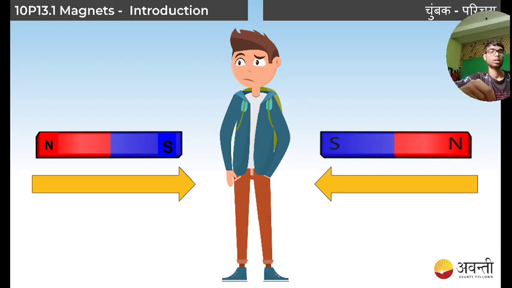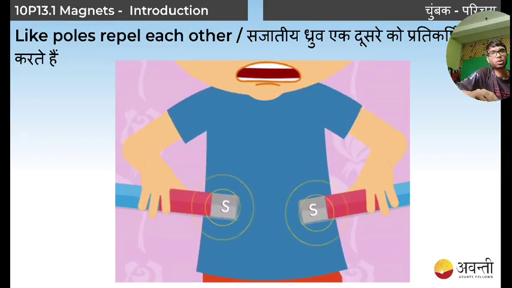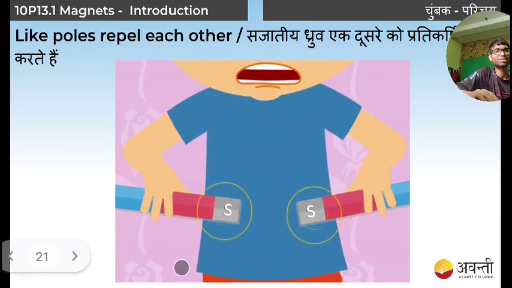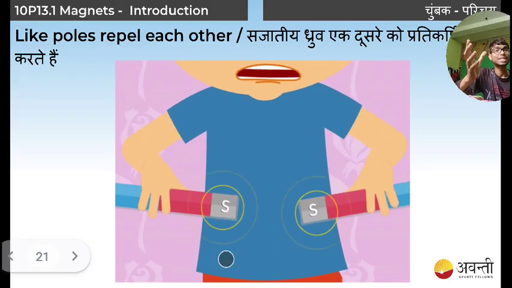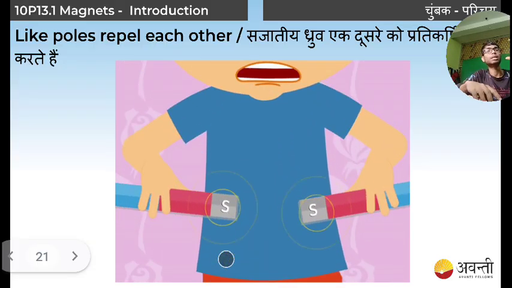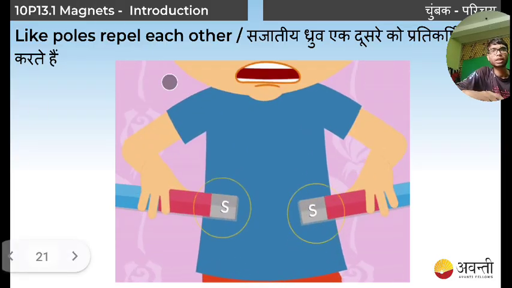As we are familiar with science, if the poles are different, then both will attract each other. But if both are the same, then both will repel each other. Clear? Same here. Both are not being attracted to each other because both poles are the same. That's why like poles repel each other.